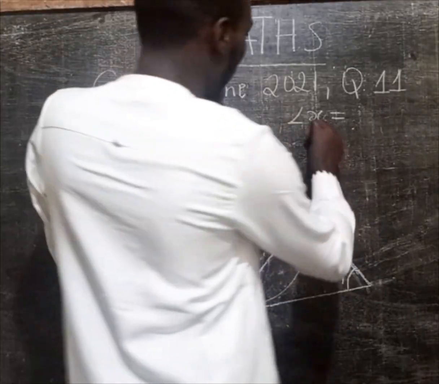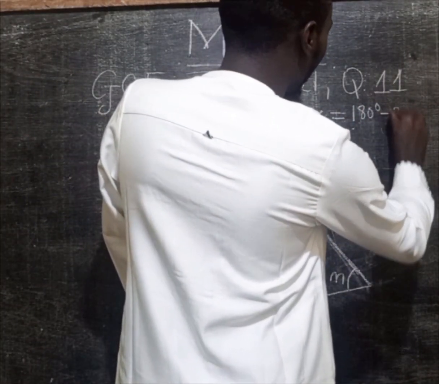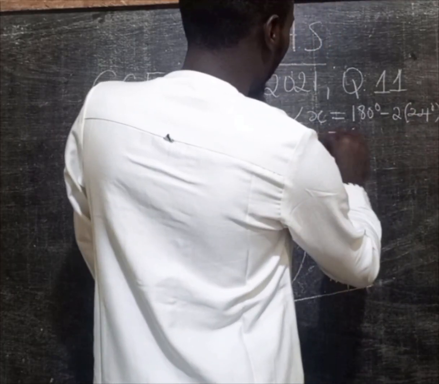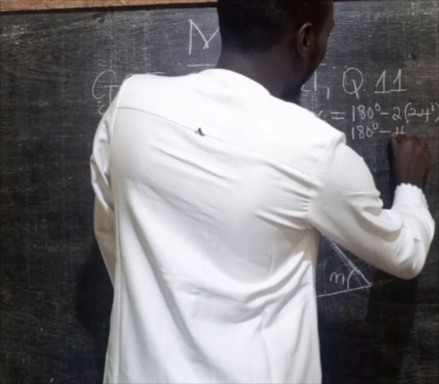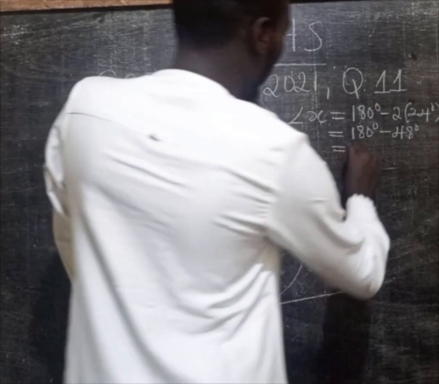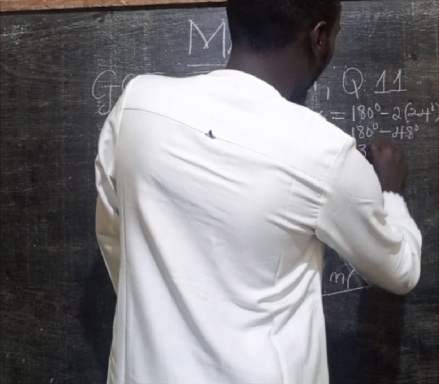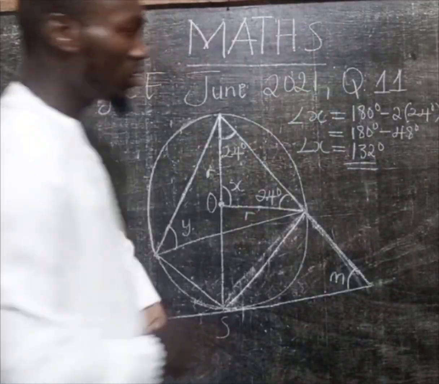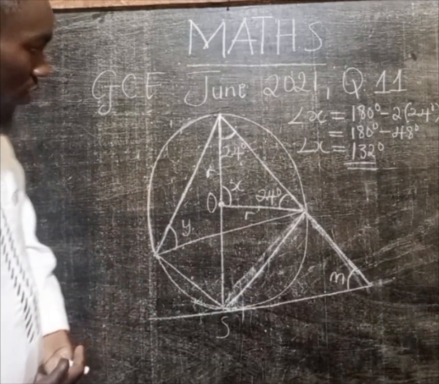This simply means that angle x would be 180 degrees minus 2 times 24 degrees, and this gives us 180 degrees minus 48 degrees, which is 132 degrees. So angle x is 132 degrees. That is how we obtain angle x from this figure.